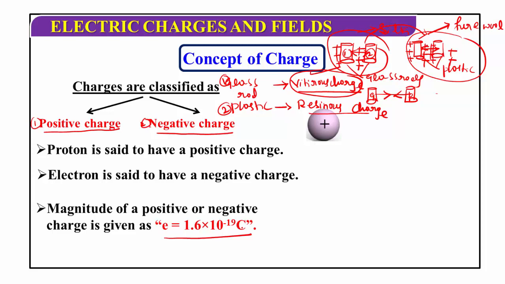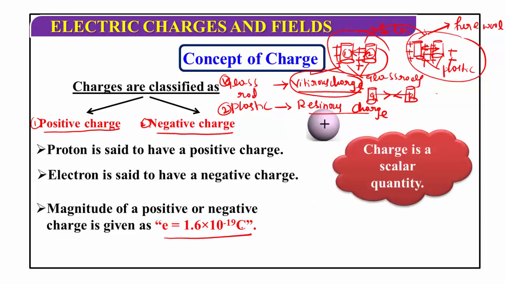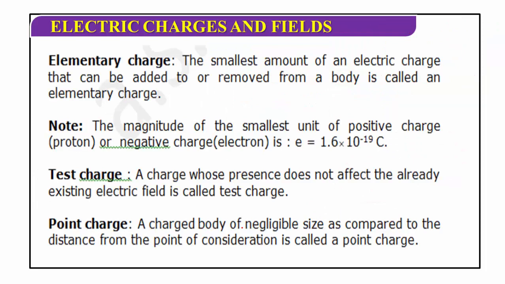This is the smallest possible value of charge measured by the instrument. This is the charge of one proton or one electron. Proton is said to have a positive charge and electron is said to have a negative charge. Charge is a scalar quantity because it has only magnitude but not direction.